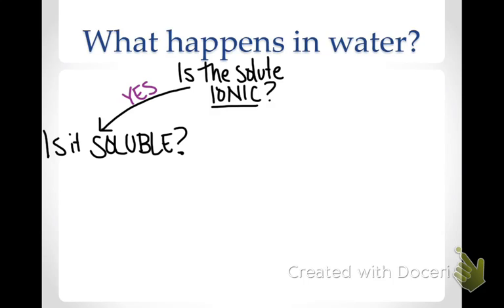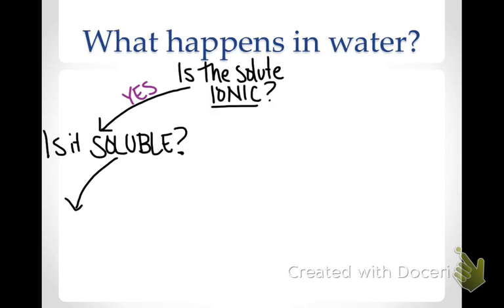If that compound is soluble, you check the solubility chart, and yes it is, it's an S, then that means that water can come in and surround it. The force of attraction between the water and the solute particle is going to be greater than the solute for itself, and it's going to dissociate into ions.